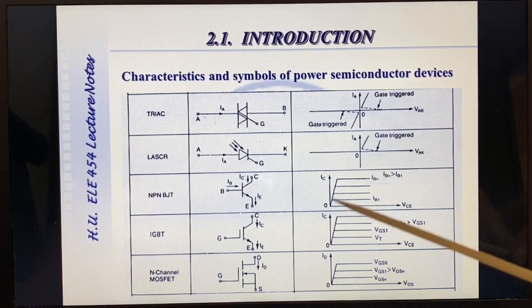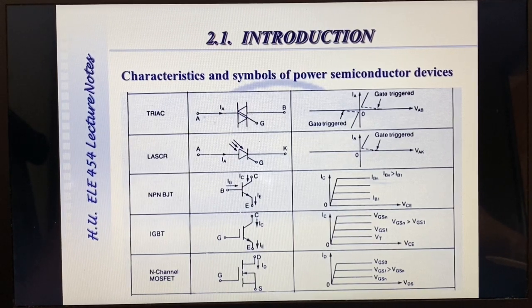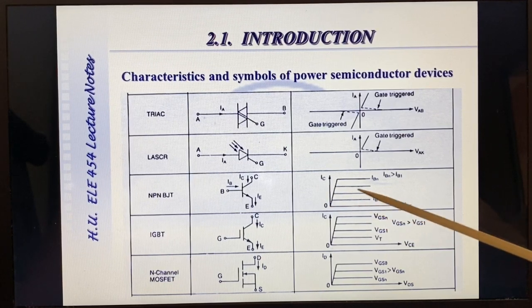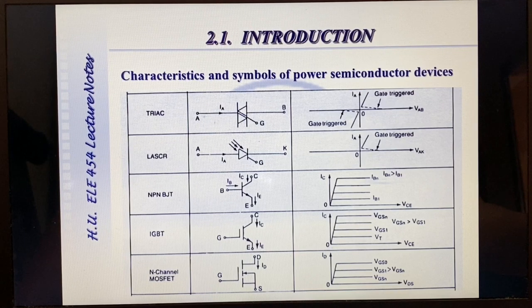So this is the collector current versus collector emitter voltage characteristic for the power BJT, where base current is a parameter. Note that in power electronics, power semiconductors are operated as high frequency switches. That is, they do not operate in the linear region, but only in the cutoff and saturation region.